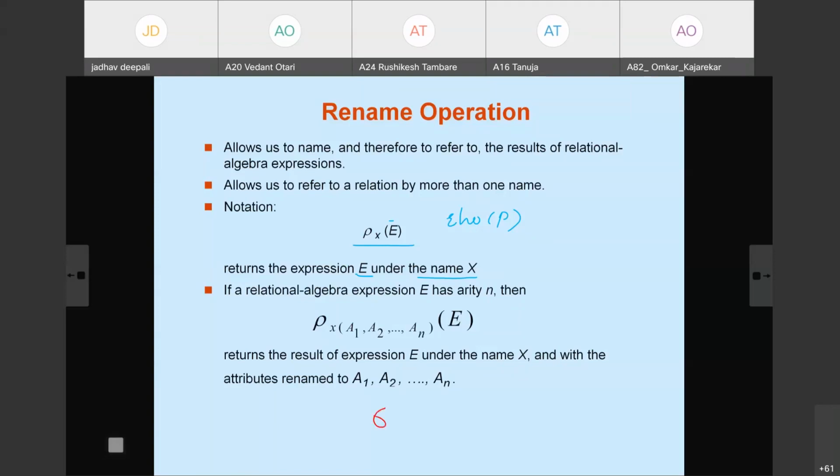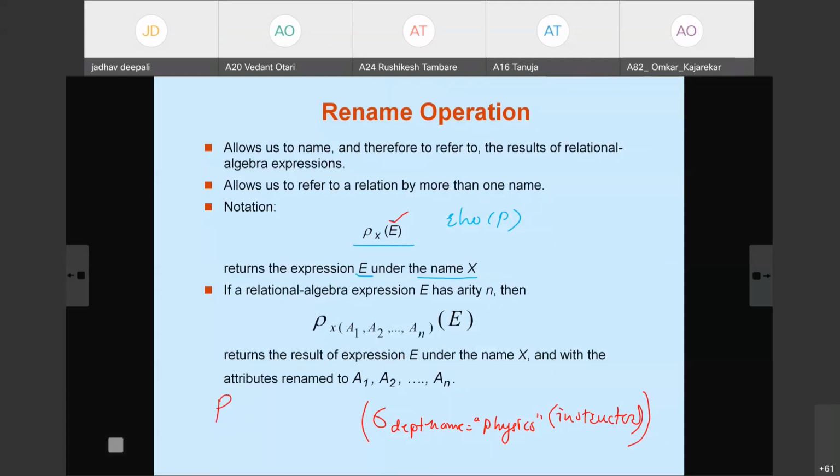Select department name is equal to physics from instructor. This is a simple expression, this E. Now I want to give some name to this, so I use the rho and the name that I want to give.